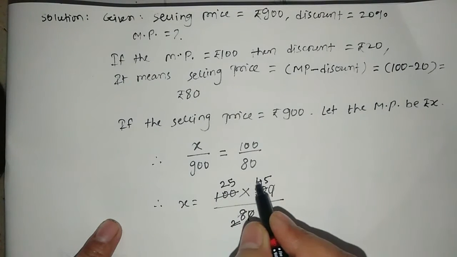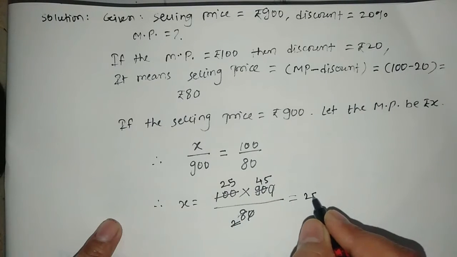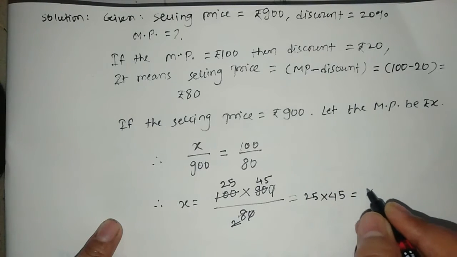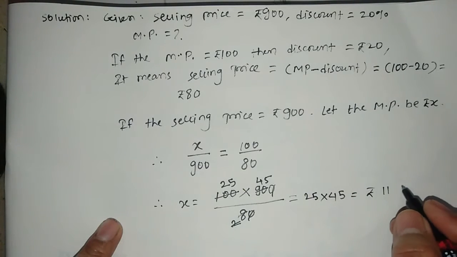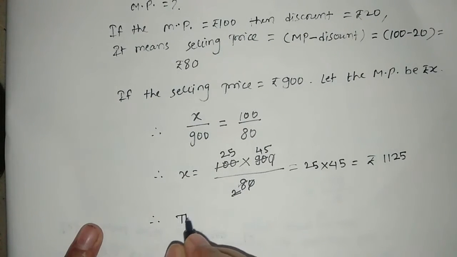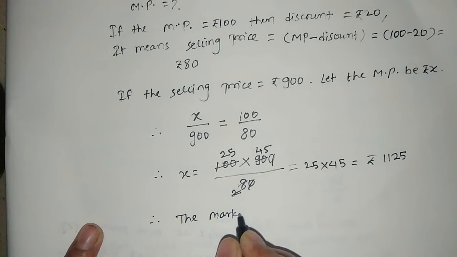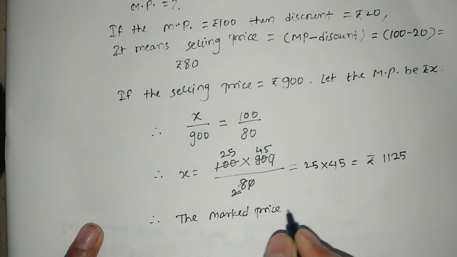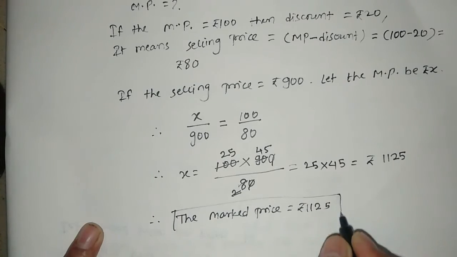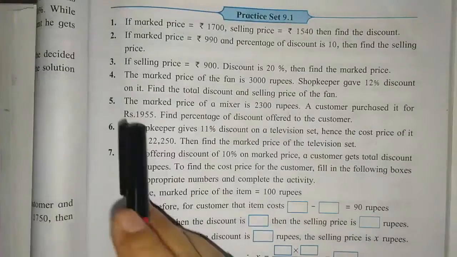So 25 multiplied by 45 is equal to 1125. So therefore write down the answer line. The mark price is equal to 1125 rupees. Very simple.